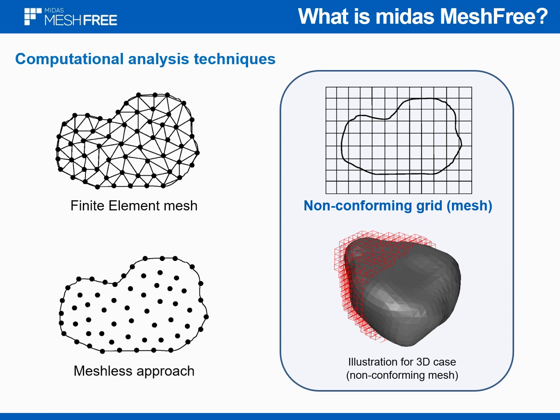So let's get back to MeshFree itself. As I said, this method is called the implicit boundary method, and the major idea consists of extension of the physical domain of interest beyond complex boundaries into a larger embedding domain of simple geometry.